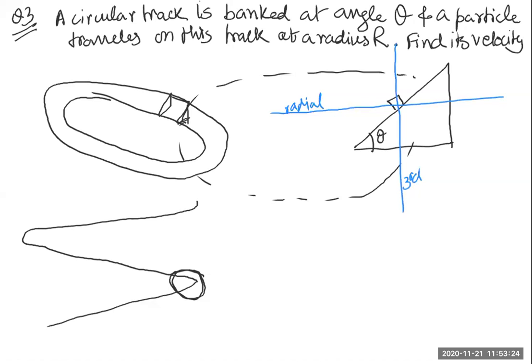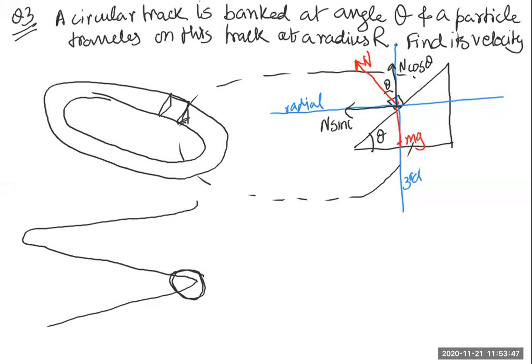Okay. Right. Now, what are the forces acting on this? Well, the forces acting on this are normal reaction N and mg. Right. So why am I giving you this question? Well, I wanted to show you that the centripetal force can also be normal reaction. This is N cos theta and this is N sin theta.